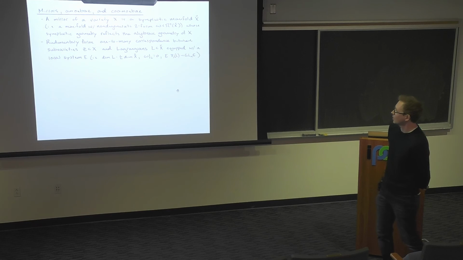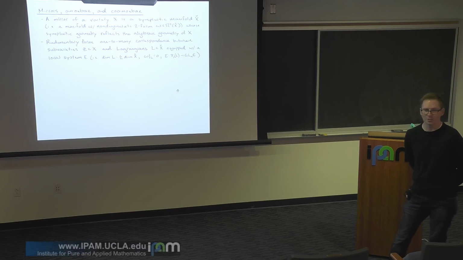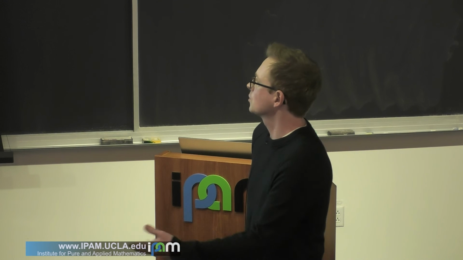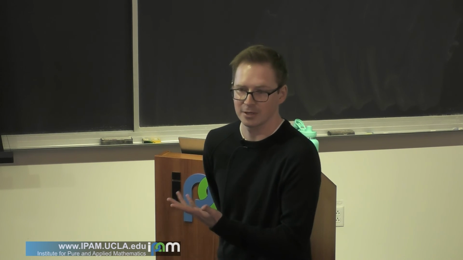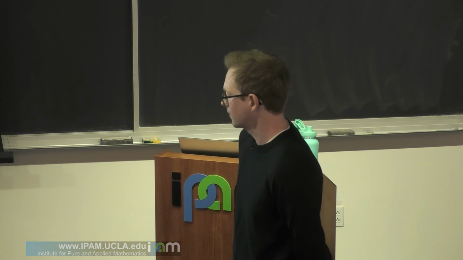When I say a Lagrangian, that's a half-dimensional submanifold such that this symplectic form restricts to 0 on L, and then a local system is just a representation of the fundamental group of L.